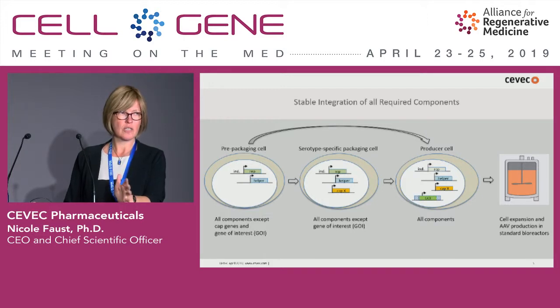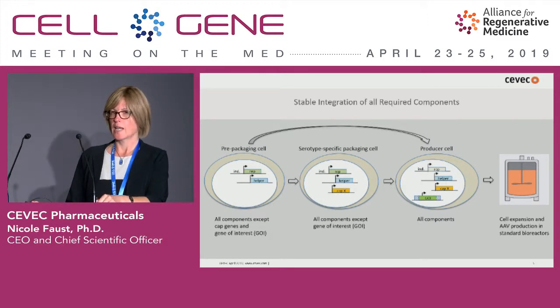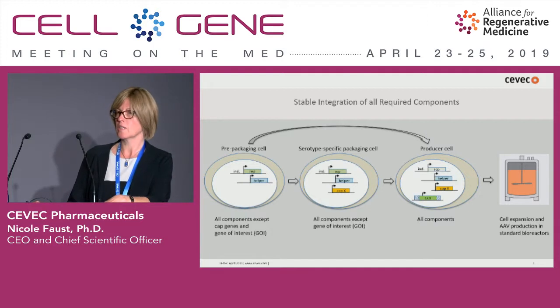This has been the trick, and this is also where we have filed IP, because it's essential to have cells that do express good levels of the rep and helper genes, and you have to do it inducibly because the functions, as you might know if you're working in AAV, are toxic to the cells.